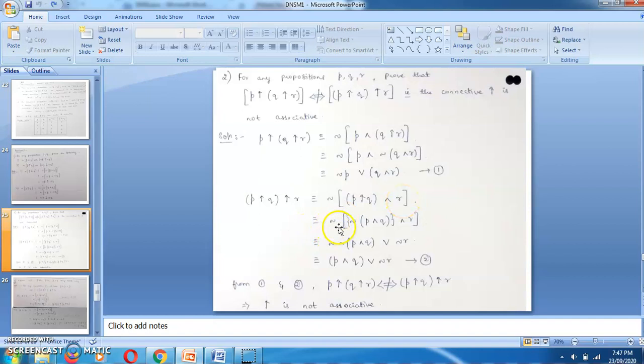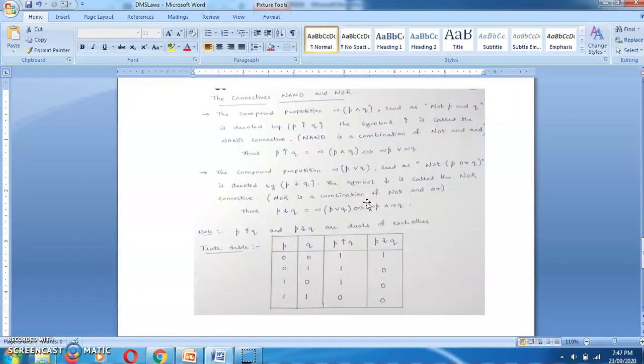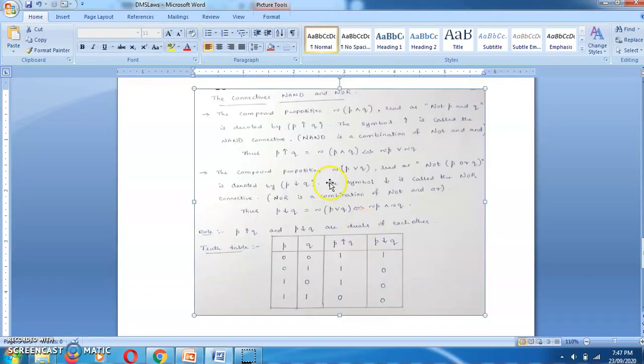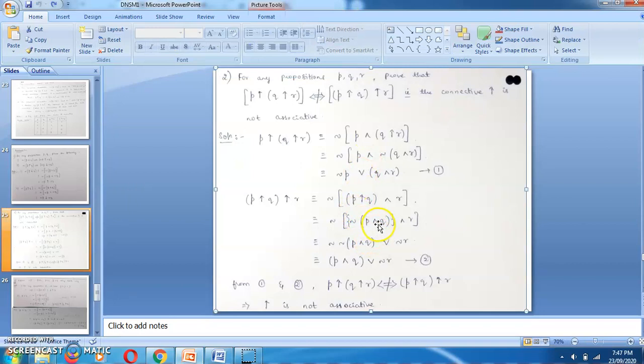Next, negation of (p NAND q) can be written as negation of negation of (p and q), and r as it is. Next, the double negation: negation of p and r.